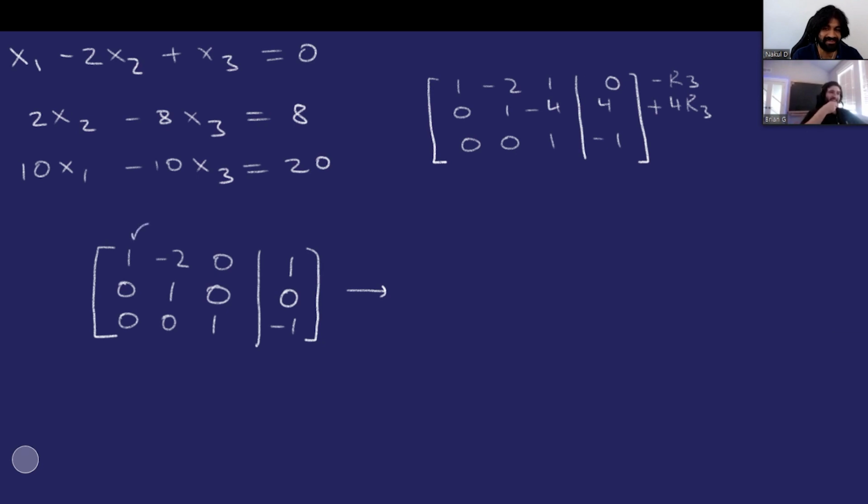But that would ruin this one up front, right? Couldn't we add row 2 since the other 2 spots are zeros? So what multiple of row 2 would we add to row 1?